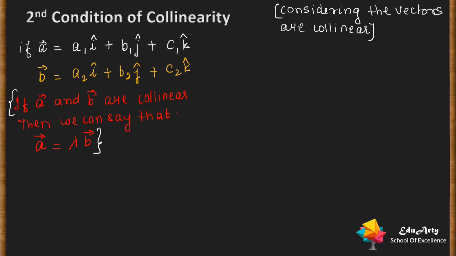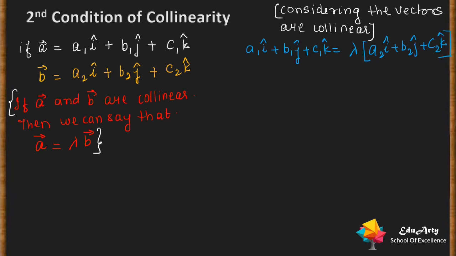So what is A vector? A vector is this whole thing, correct? So can we write it down like this? A vector, which is a1 i cap plus b1 j cap plus c1 k cap, is equal to lambda into a2 i cap plus b2 j cap plus c2 k cap.